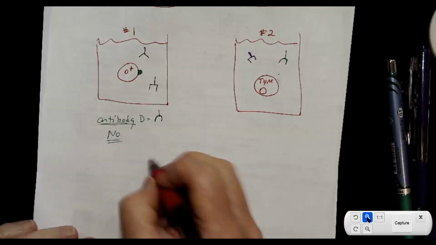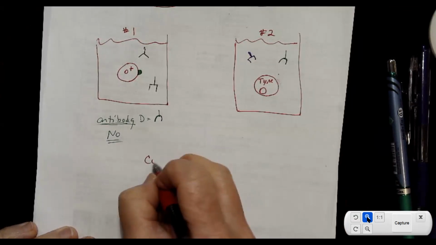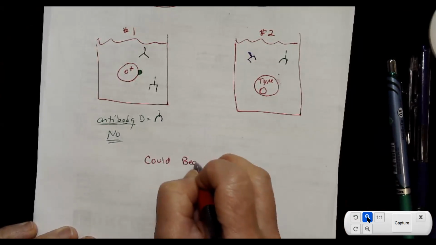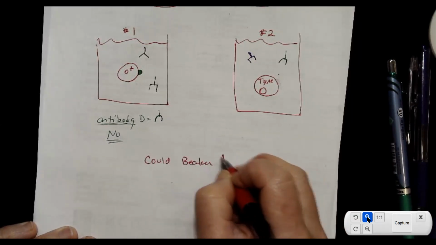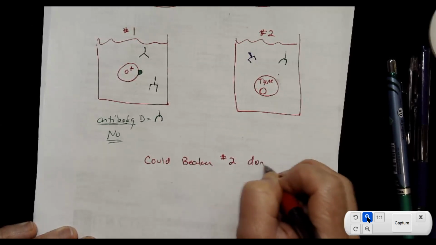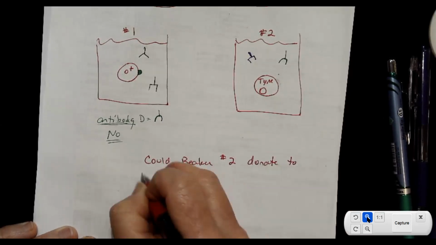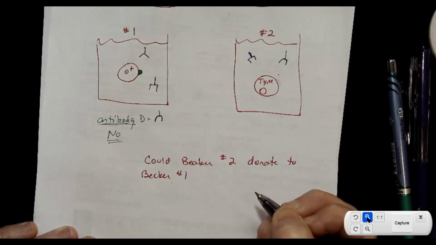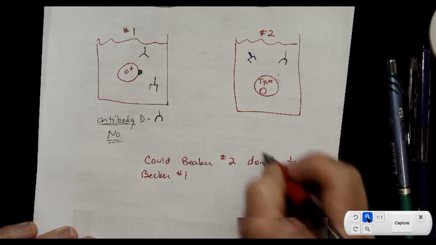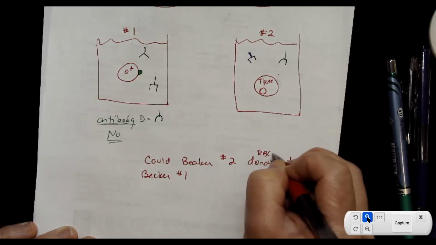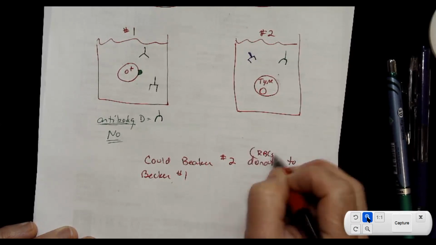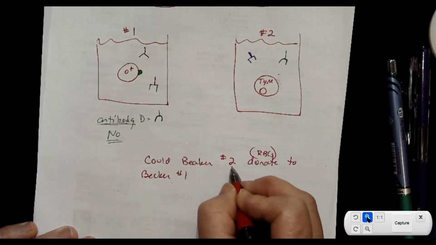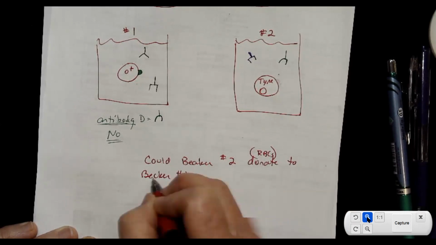So the question is, could beaker number 2 donate to beaker number 1? And when I say donate, I mean the red blood cells. So I'll just put this up here. Could beaker number 2 donate red blood cells to beaker number 1?